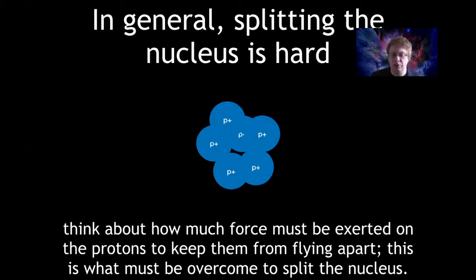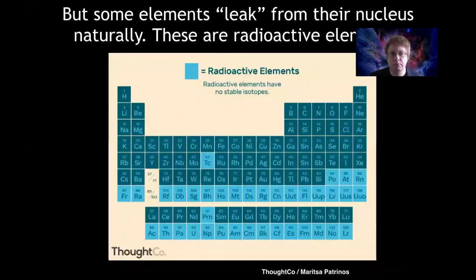And what you must infer from that is that there's a lot of force being exerted in the nucleus to keep these protons from flying apart. This force is called the strong nuclear force. We won't get into what causes it, but this is what we have to overcome if we want to split the nucleus. We have to overcome the natural forces that are there to hold the nucleus together. And it requires a lot of energy. It's pretty hard to do.